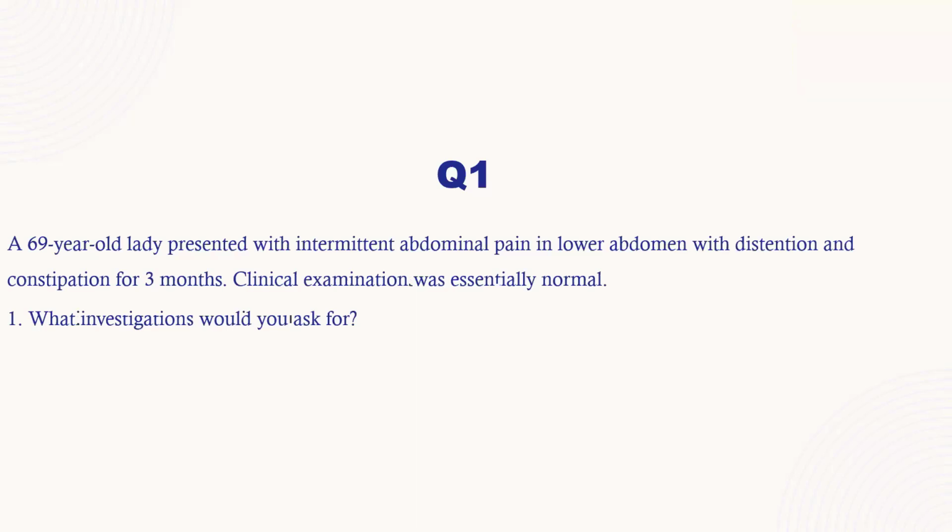Sir, clinical examination looks normal, but as the age is around 69 years and she has abdominal distension and constipation... Just quickly, in clinical examination, what else would you look for? You have examined the abdomen. What else in general physical examination?